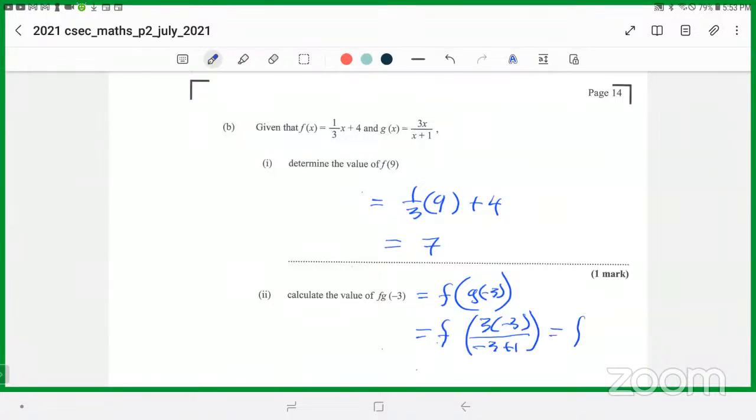So this becomes f of negative 9 over negative 2, and the negatives cancel. We get 9 over 2, or you can put 4.5. So we can put f of 9 over 2.